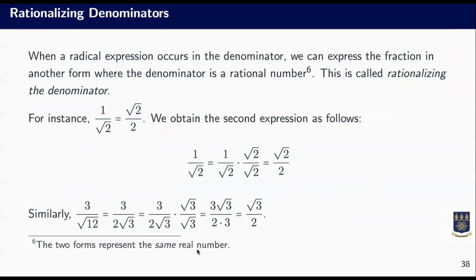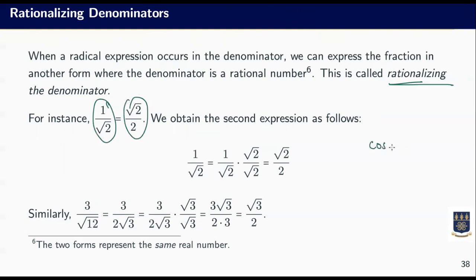In the pretest, I put a problem there where we had to rationalize the denominator. And the point is to express a radical expression in a form where the radical does not appear in the denominator. So we call that rationalizing the denominator. Okay, so for instance, we can write 1 over root 2 as square root of 2 over 2. And you've seen this before.